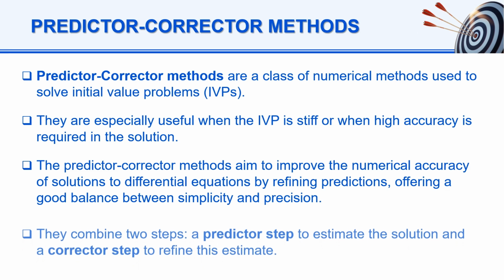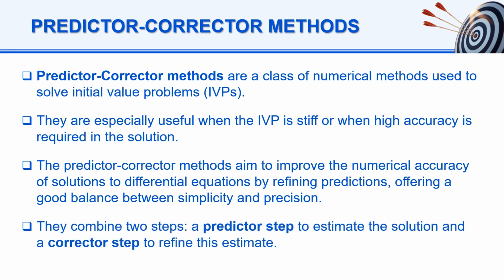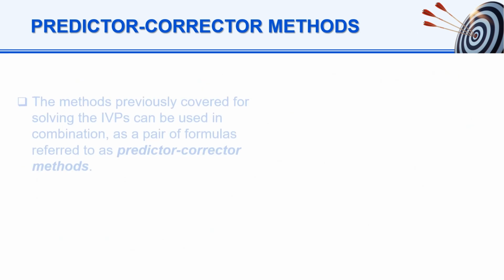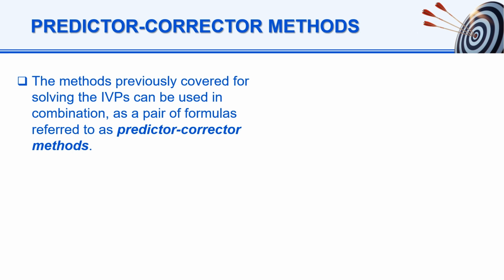They combine two steps, a predictor step to estimate the solution and a corrector step to refine this estimate. The methods previously covered for solving the initial value problems can be used in combination as a pair of formulas referred to as predictor-corrector methods.